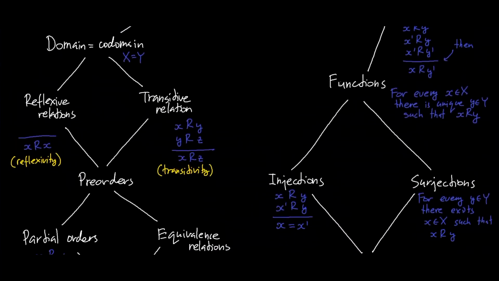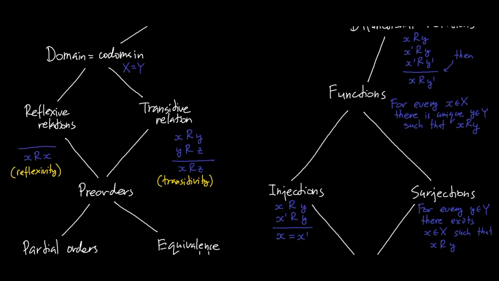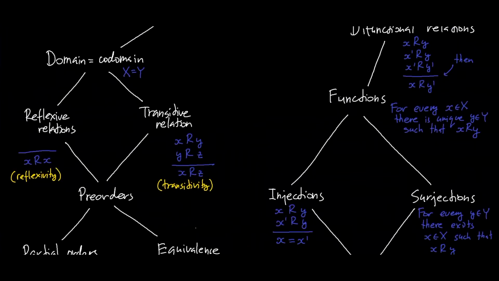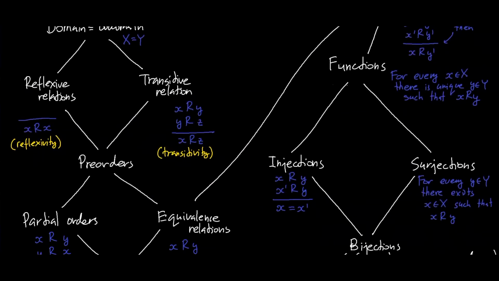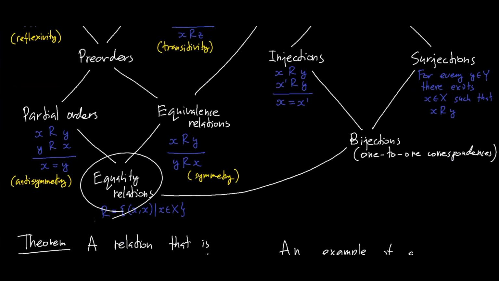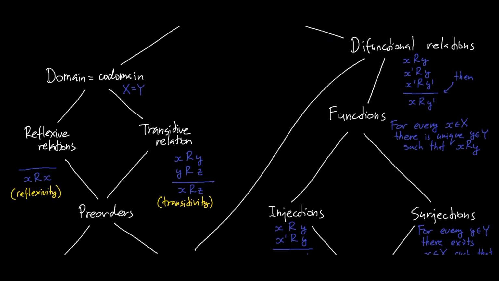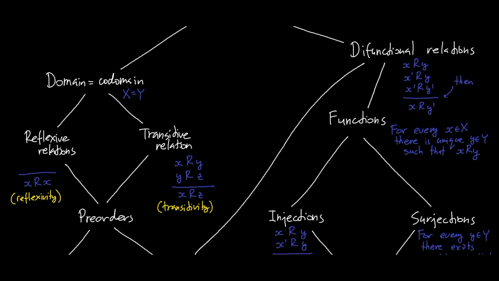So equivalence relations are examples of difunctional relations. And so we have another line there connecting these worlds. Remember that equivalence relation together with being functions, that's a completely dead end because we then just get equality relations. But it turns out equivalence relations do have the property of being difunctional.